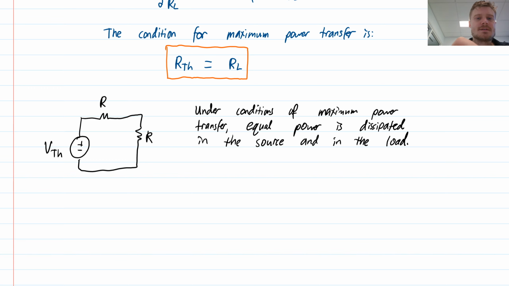So yes, we succeeded in maximizing the power that we deliver to our load, but we do so at the expense of burning off just as much power inside of our source. So this is not very efficient, right? Imagine that half of your power is wasted inside of the source. That's not very efficient.